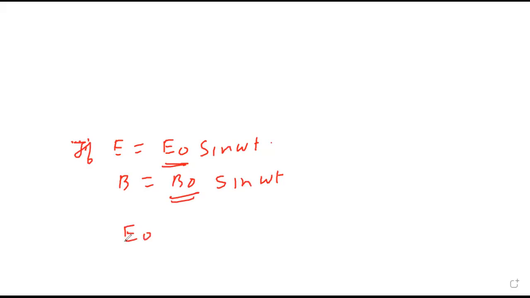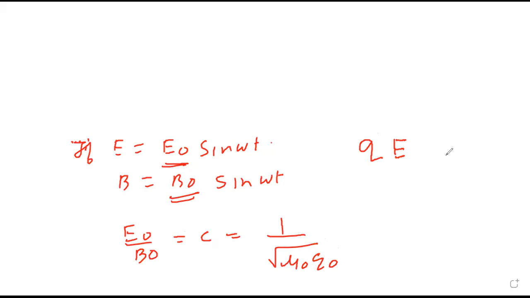So E naught upon B naught is equal to speed in air, which is nothing but 1 upon root of mu naught into epsilon naught. Now, how does it come like this? Next year, you are going to study electric force is QE and magnetic force is QVB.